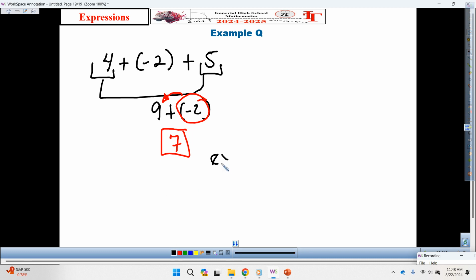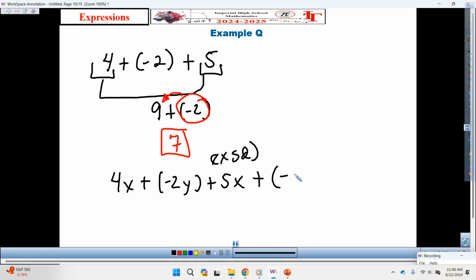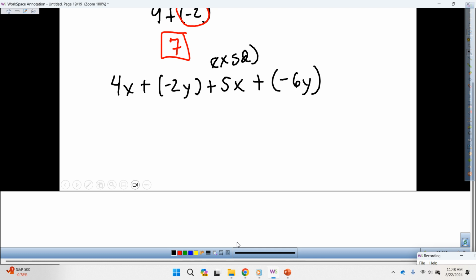Go to example super Q. 4x plus negative 2y plus 5x plus negative 6y. Combine all the x's first, and then from there go to the y's. 4x and 5x become what? 9x.